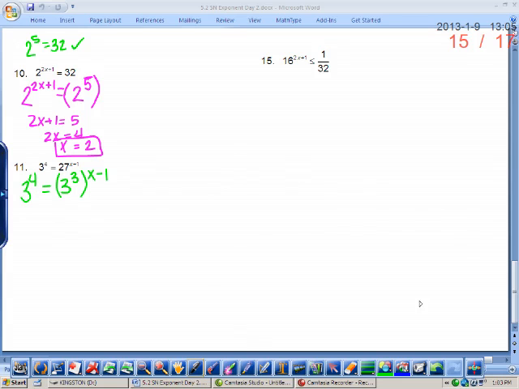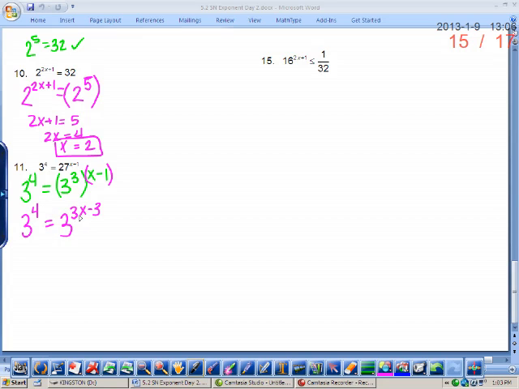Okay? In order to simplify this, it's really important that you remember you're going to multiply 3 by this whole exponent. So you might want to throw in parentheses, perhaps. So this would be 3 to the 4th equal to 3 to the 3x minus 3 power.